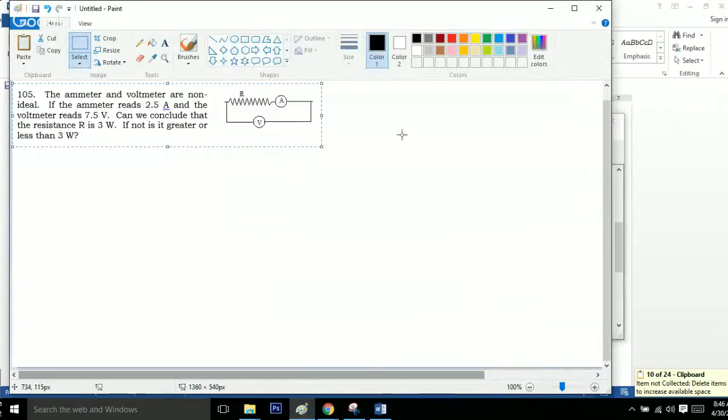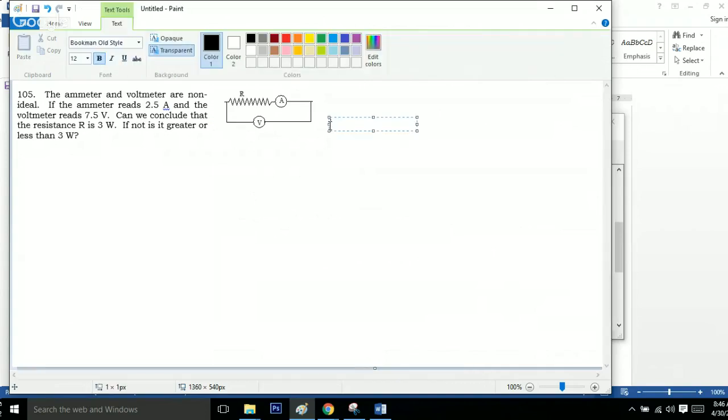Is this okay, Ragini? The ammeter and voltmeter are non-ideal. If an ammeter reads 2.5 ampere, voltmeter reads 7.5 volts, can we conclude that the resistance R is 3 ohm? Whether it is the previous one, next one, or this one, the concept is same. What is ideal?